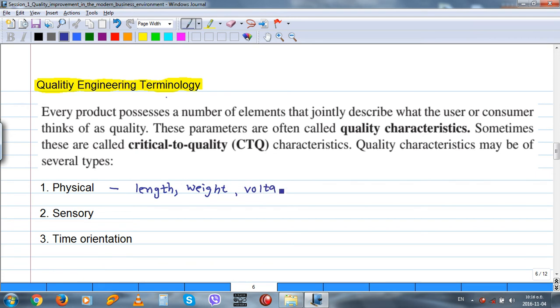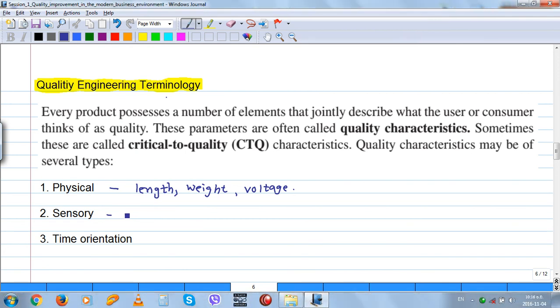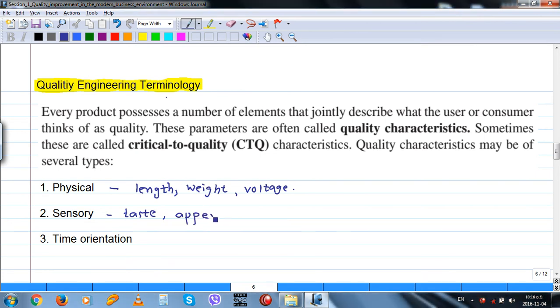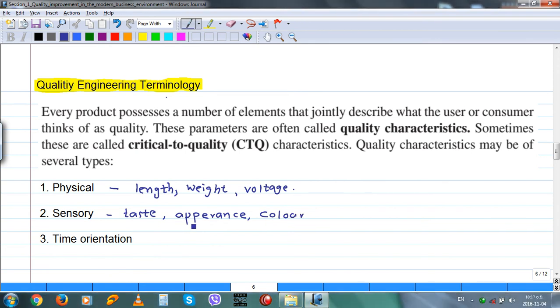Sensory characteristics are what we can sense: taste, appearance, and also color.